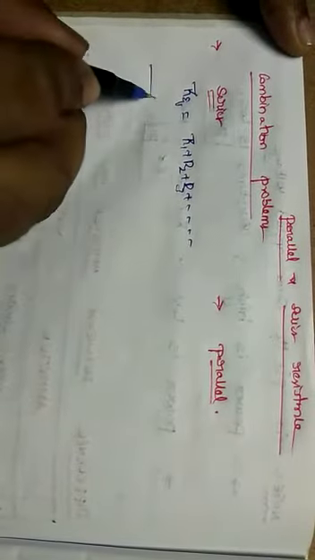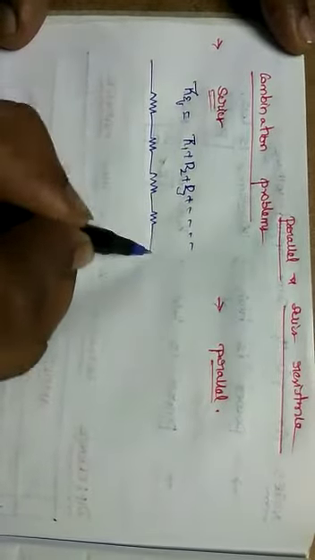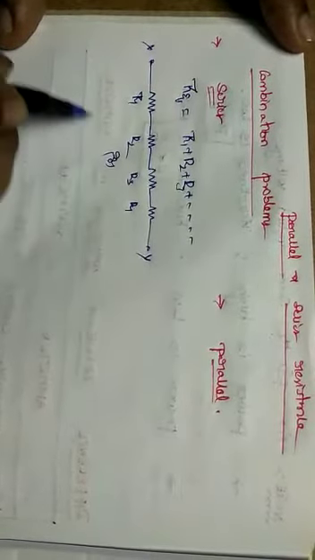Let us see here, this is the resistance across X and Y. The four resistances are there, R1, R2, R3, R4, which can be connected like this also.